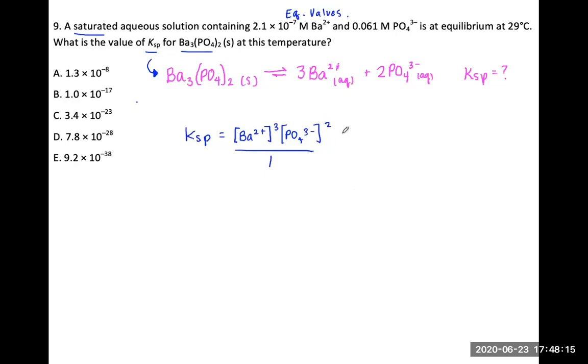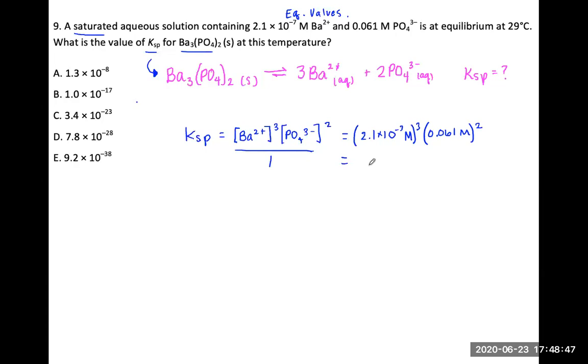And so to figure out our KSP, we're just going to plug in the concentrations from above that we're given. And when we plug this into our calculator and get a number out, that is just going to be our KSP.